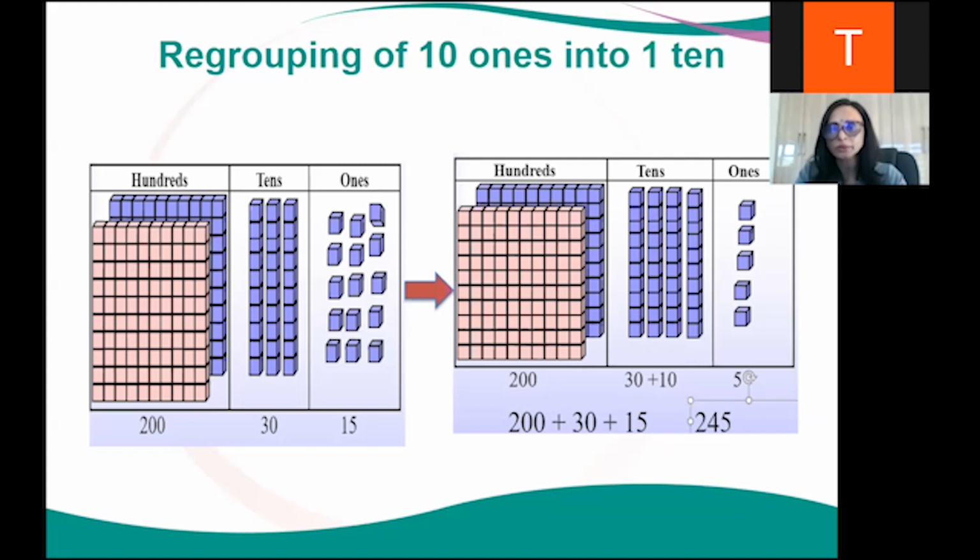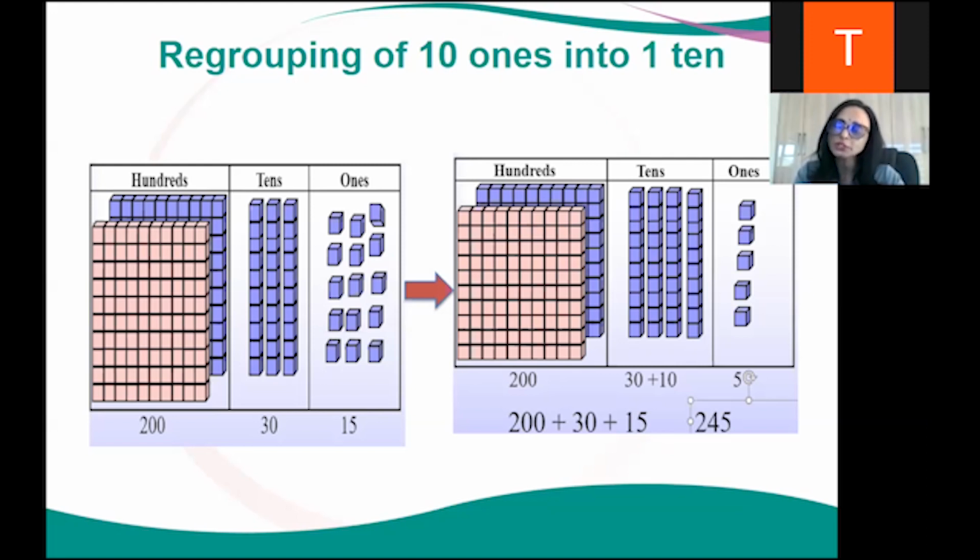You've got your 200, which remains there. Now look at the 10s and the 1s. We took 10 ones from the ones column and grouped them as another 10 rod, leaving us with 5 ones. So we move the 10 rod into the 10s column. It now becomes 30 plus 10, and we're left with 5.